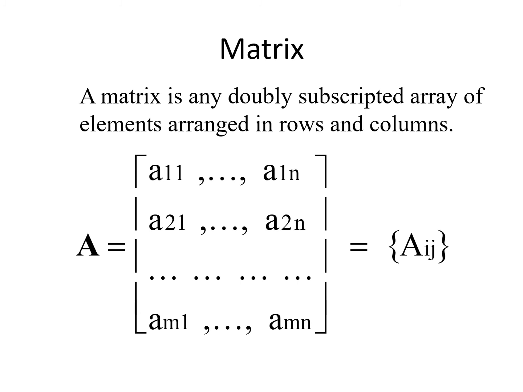In this matrix there are n columns and m rows, so the dimension of that matrix is m rows and n columns, or in other words an m cross n matrix.